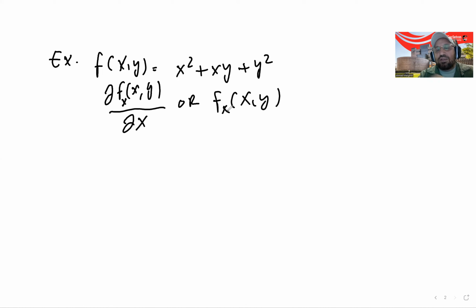It means that you're taking the derivative of this function with respect to x, holding y constant. So let us take this example.